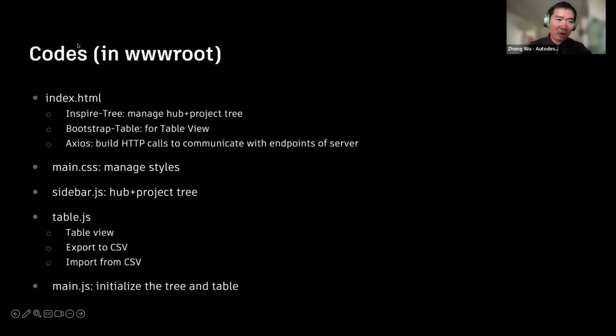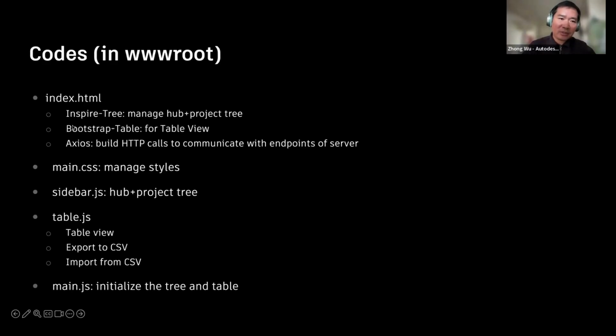All the code here should be inside the www root, and it includes one index HTML file which has the tree, and you will include the inspire tree library we are using, and also the bootstrap table, and also the AJAX.